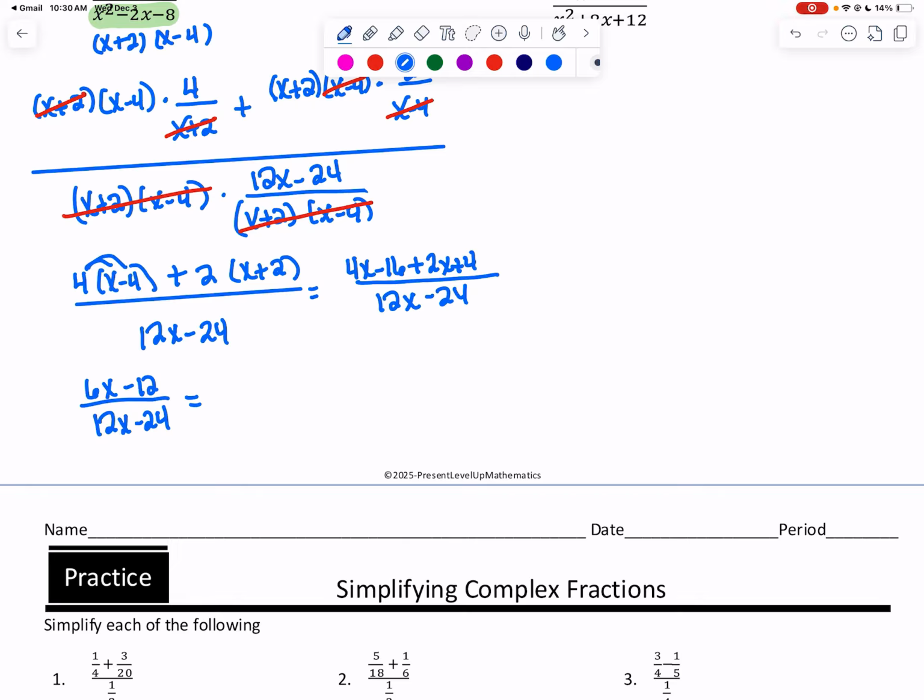Now I'm seeing some common factors, so I'm going to divide out the common factors and then see if anything will cancel. So on the top, if I divide out a 6, that would leave me with x minus 2. On the bottom, if I divide out a 12, that would also leave me with x minus 2. Then those would cancel, and I'm left with 6 twelfths, which will reduce to 1/2.